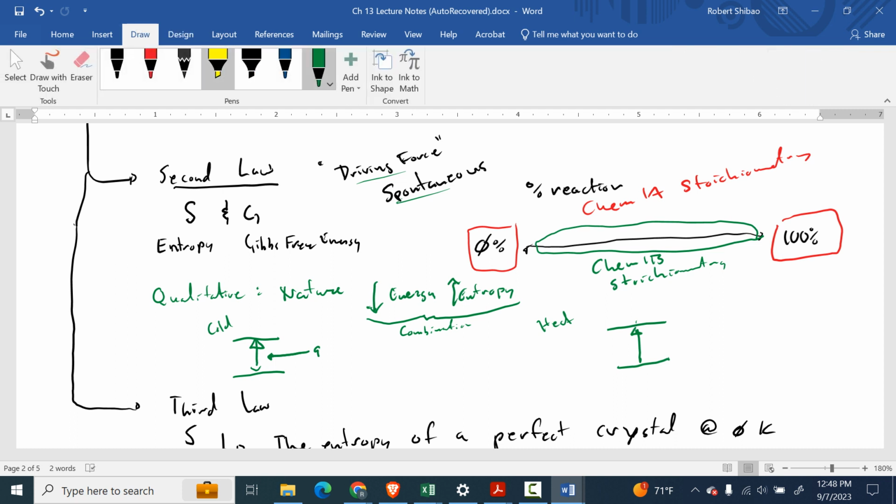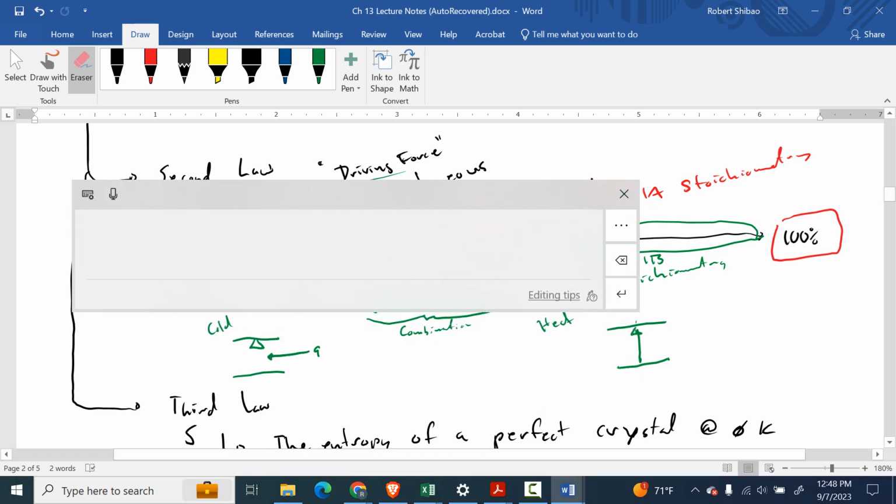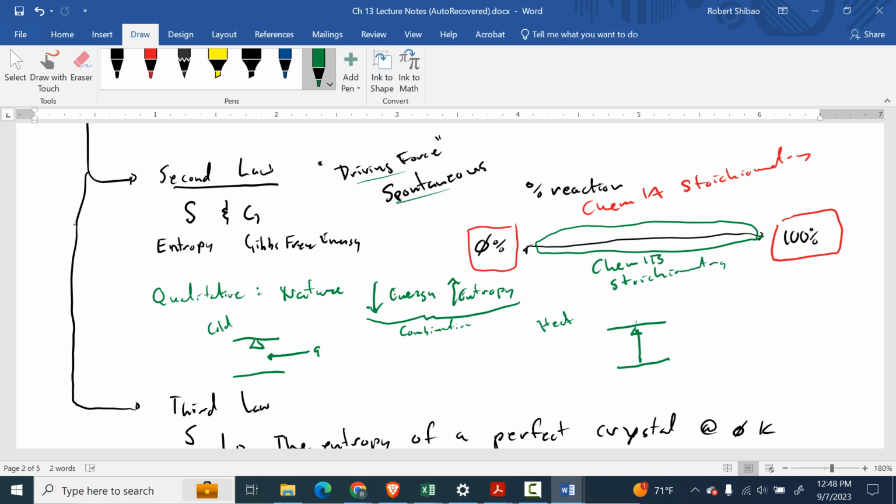Let's fix this. Let me go back to the cold pack. Endothermic reaction means it absorbs heat. And so we're going up in energy. And so the energy increases. In a heat pack, we're going down in energy. And so energy is going to be released.